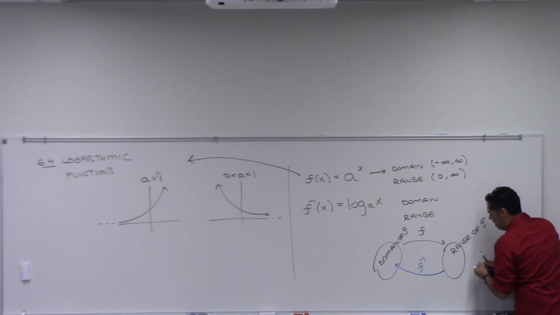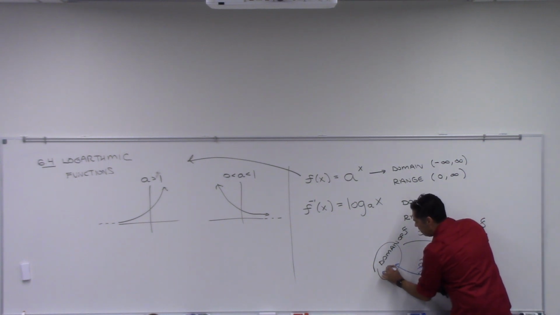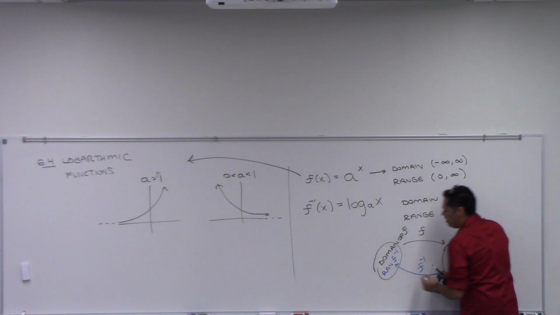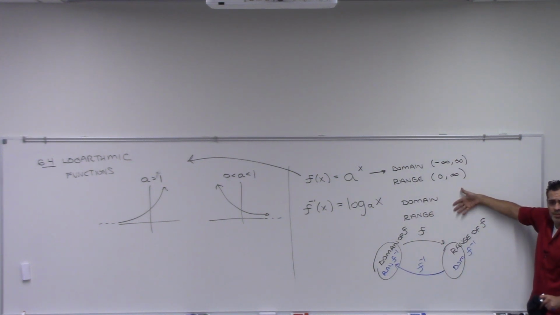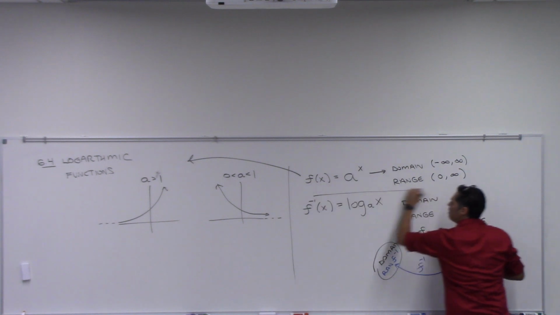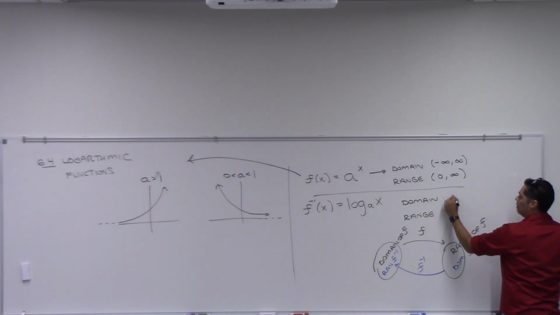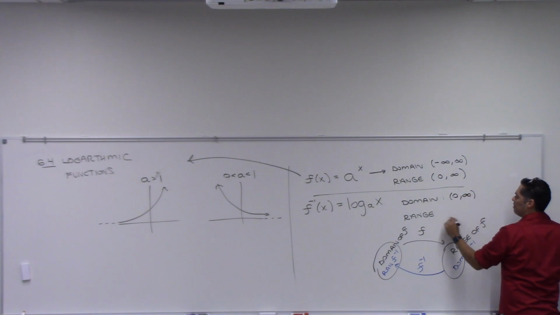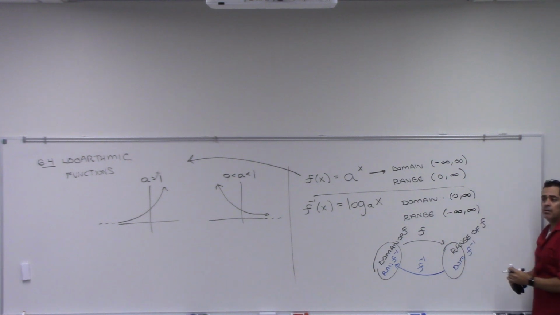So the domain of the inverse function is here, and the range of the inverse function is here, which means that these just switch places. These switch, right? So the domain of the inverse is what? 0 to infinity, and what's the range? Negative infinity to infinity. Y'all see it?